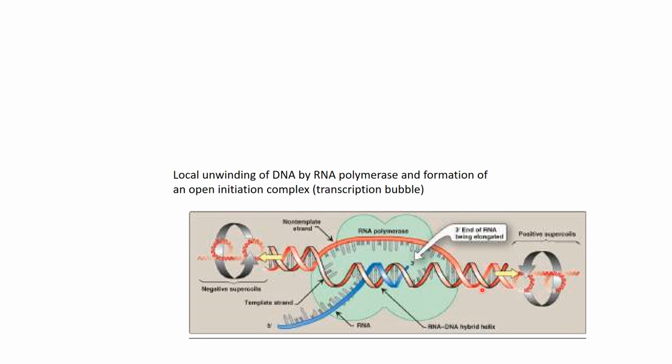So positive is towards the direction which is yet to be transcribed, and negative is in the direction which was already transcribed. And this is the non-template strand, which is called the coding strand, and this is the template strand. Again, please be careful about the direction. The direction of the template strand is 3' to 5', whereas the direction of mRNA is 5' to 3' end, or we should say pre-mRNA.